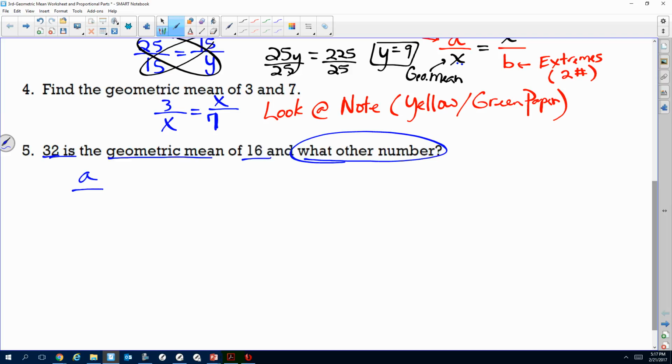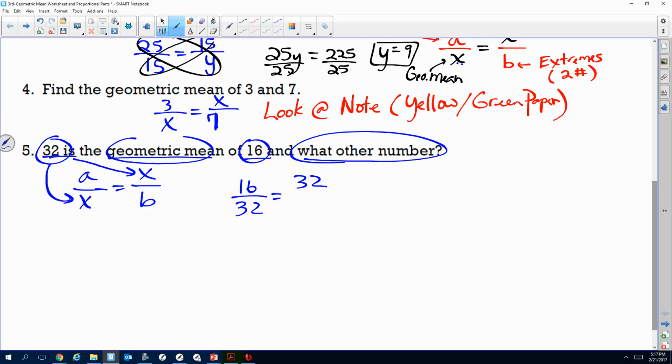So if I have A over B, excuse me, I said B. A over x, this is how we set it up, equals x over B. 32 being the geometric mean would go here and there. So I'm going to substitute. Our other number is our A. So 16 over 32 equals 32 over y. That's the number we're trying to find.